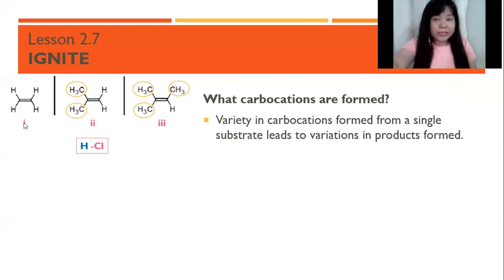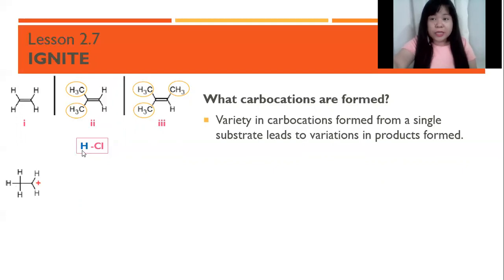So first, let's take a closer look at the first structure. If the electrophilic moiety, or the H+, attaches itself to this carbon, this carbon now becomes sp3 hybridized with 4 groups around it. The other carbon acquires a net positive charge, and this now is the structure of the carbocation.